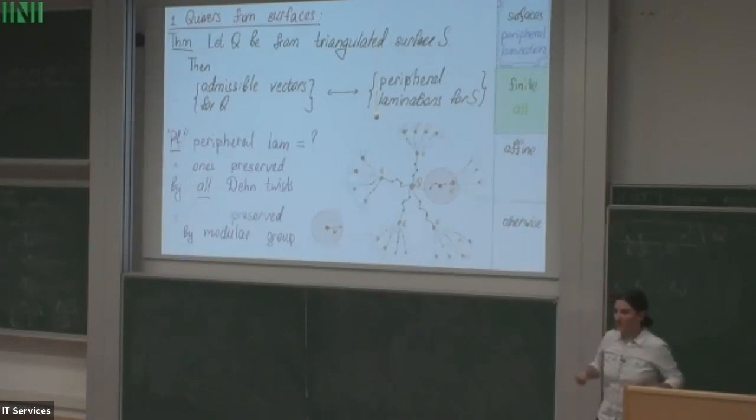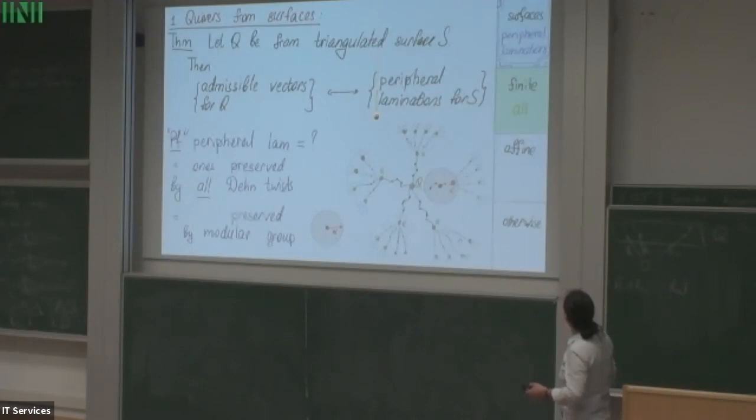So I have only finitely many ways to spoil my point. Okay, any questions so far? So this tells me that for surfaces I get peripheral laminations.